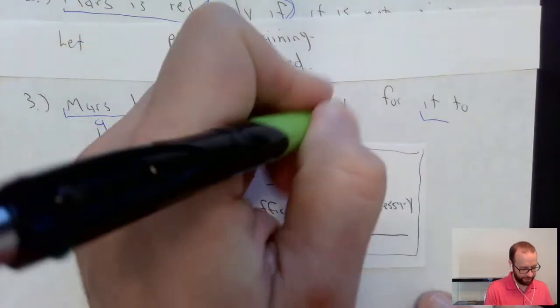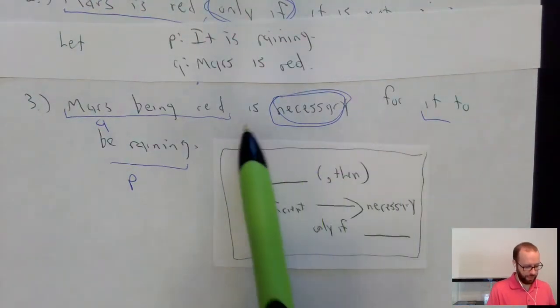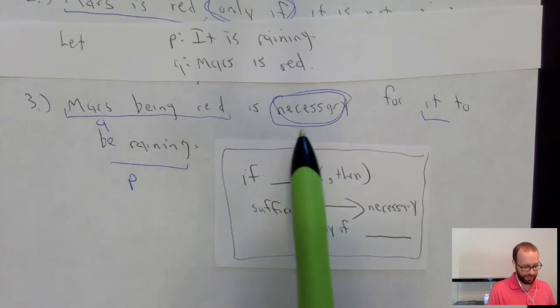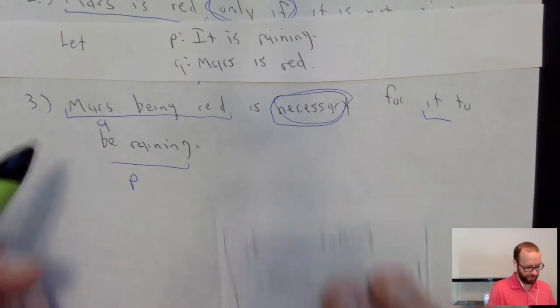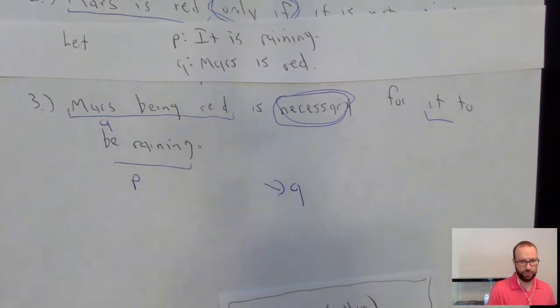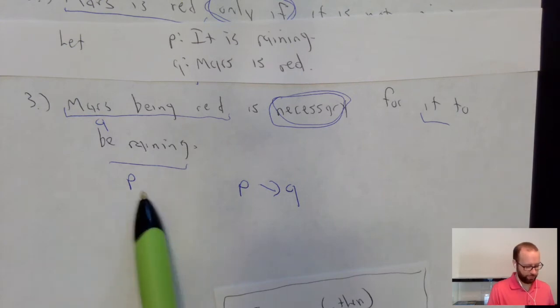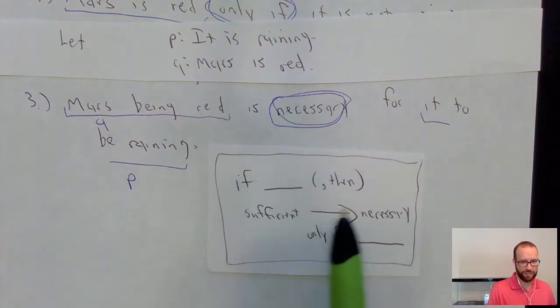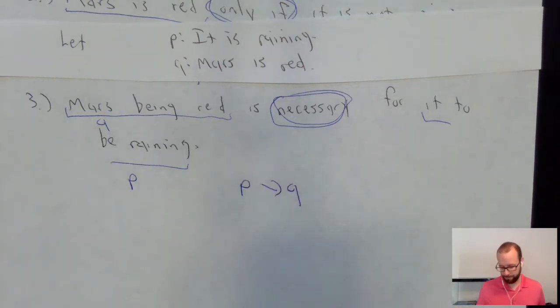Something here is necessary. Mars being red is necessary. Things that are necessary go after the arrow. So we have to have then Q. So I should start this with if P. So this is if P then Q because the necessary thing goes second, and Mars being red is necessary.